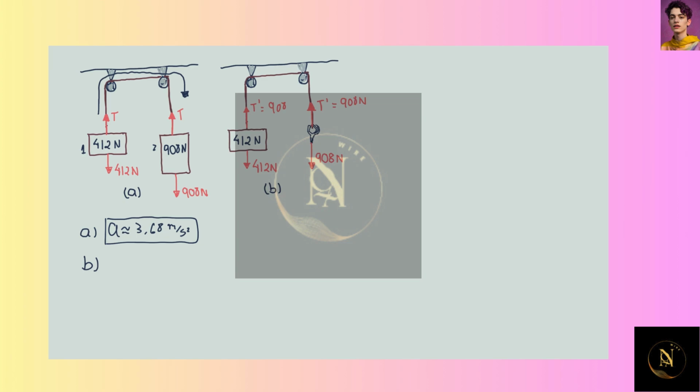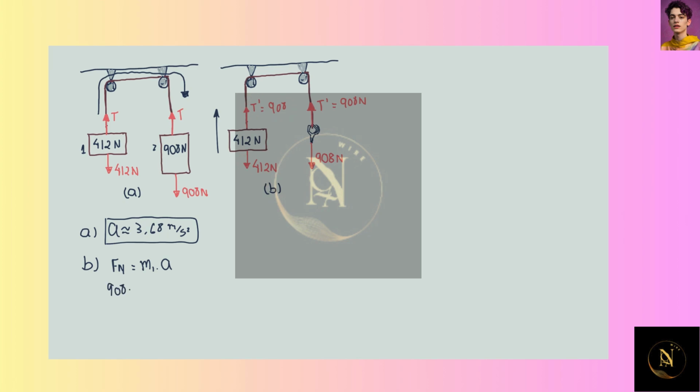For that, we have to use Newton's second law again. I'm choosing this reference frame so that the net force acting on that block is given by its mass times its acceleration, and the net force is the tension minus 412.